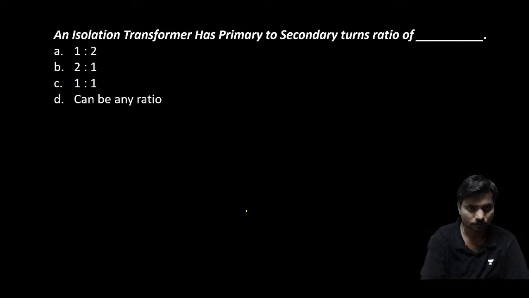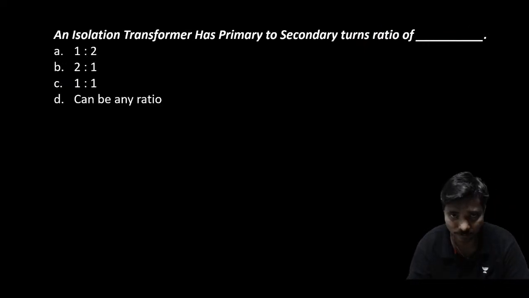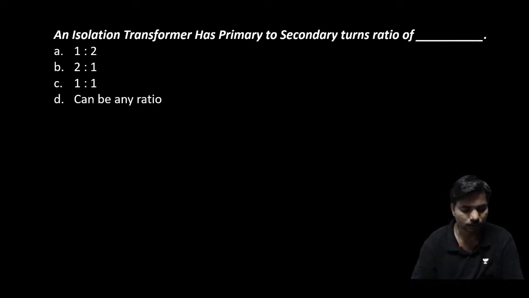Coming to the next one. An isolation transformer has a primary to secondary turns ratio of dash. Very important question, guys.